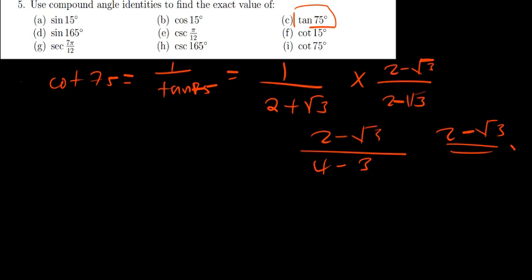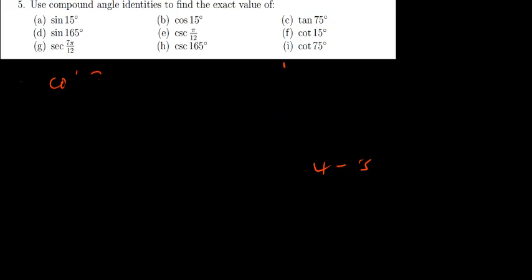There is I. So again, at the same time, if I go to H, I want us to do these things. If I go to H, I found this is cosec. Cosec 165 is the same as 1 over sine 165.